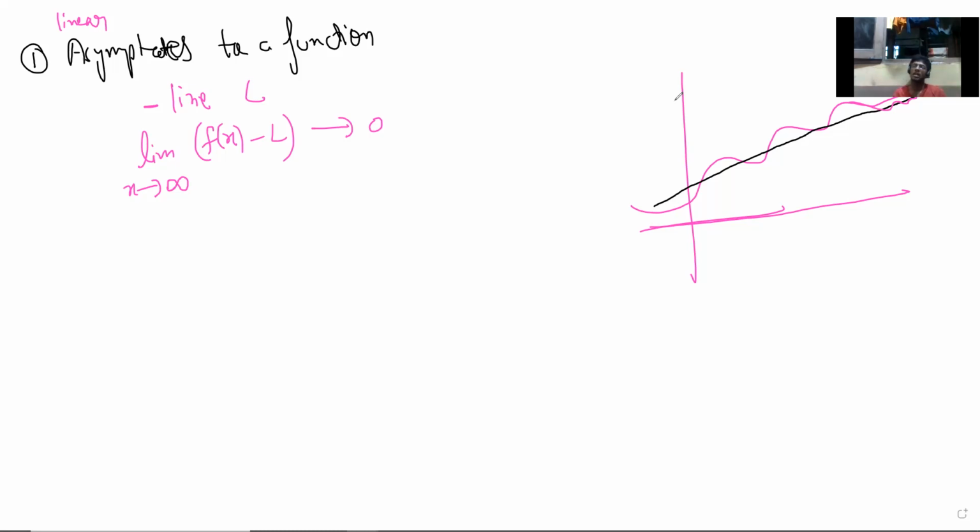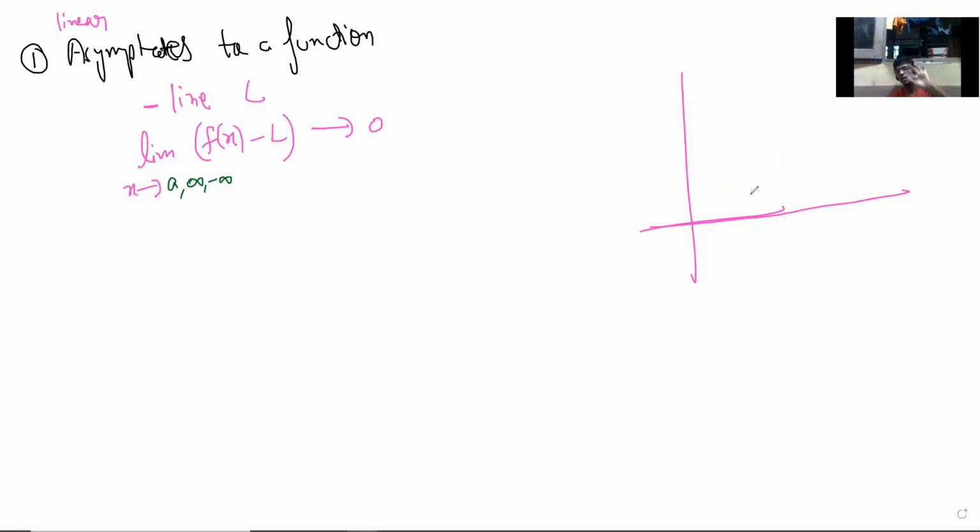But that doesn't mean that x and y have to both go to infinity. Either x can go to infinity or y can go to infinity, or x can go to any point, or infinity, or minus infinity. You have to check all these things. In general, you have to check all.